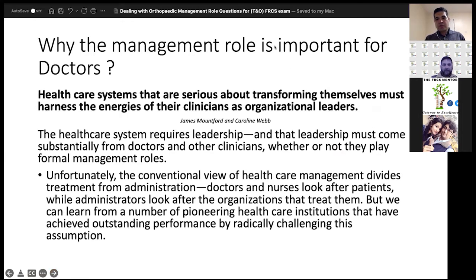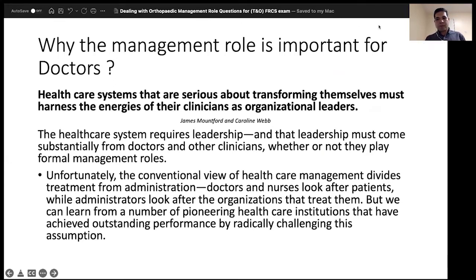First of all, why be involved in the management of any hospital? It is important. Healthcare systems that are serious about transforming themselves must harness the energy of their clinicians as organizational leaders. So you have to be a part of the management in your institution.